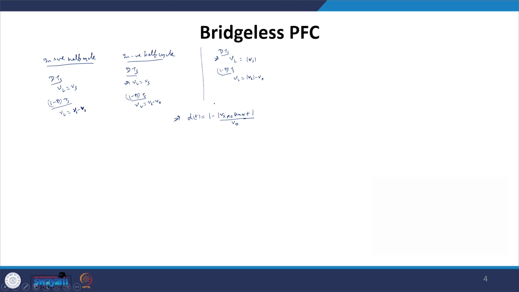Now this is the duty ratio d of t, which has to vary over the entire half line cycle.